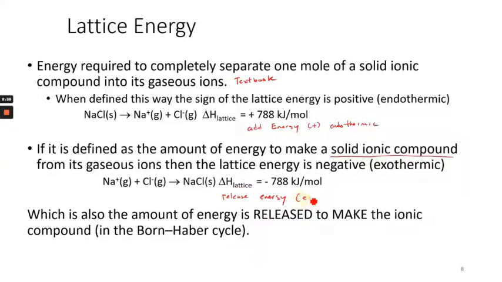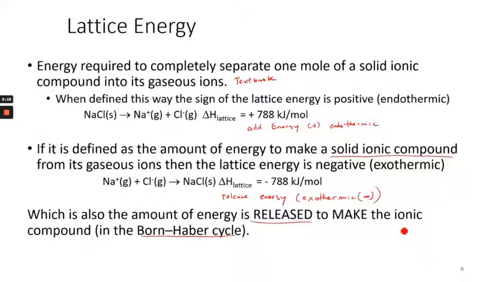So it is exothermic and negative. And this negative lattice energy is also the amount of energy that's released when we make ionic compounds in a Born-Haber cycle that we're going to talk about in a few slides.